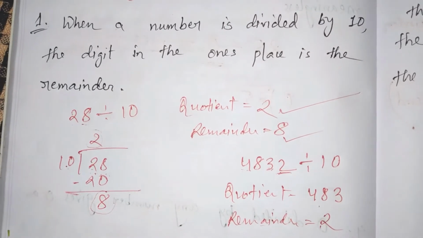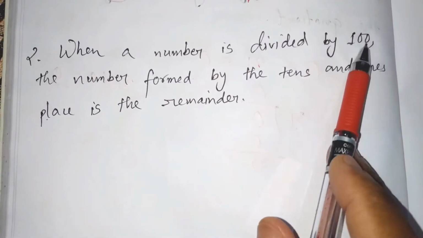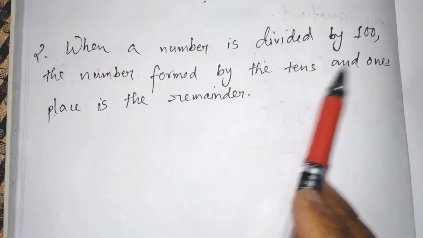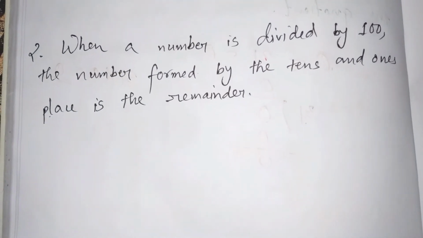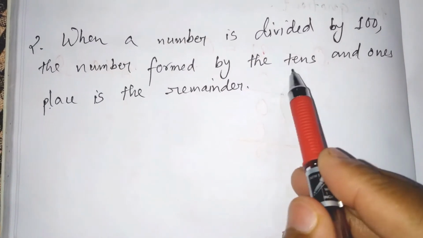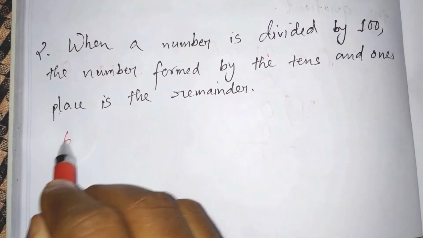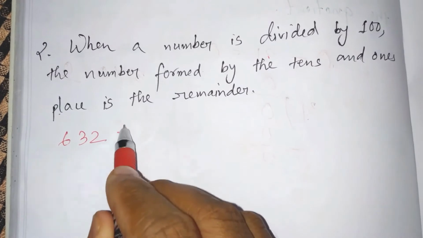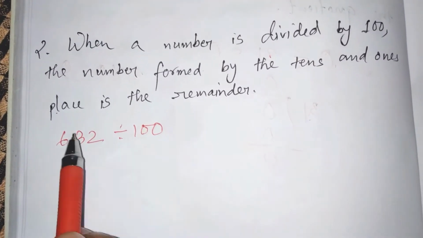Let's see the next one. Students, when a number is divided by 100, the number formed by the tens and ones place is the remainder. This is like the earlier one, but here the tens digit is also included. If I take the example 632 and divide it by 100, earlier we divided by 10, now you have 100.